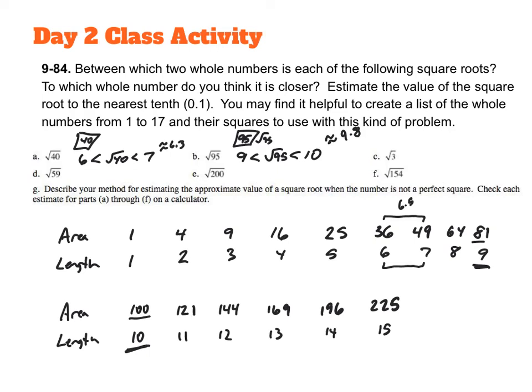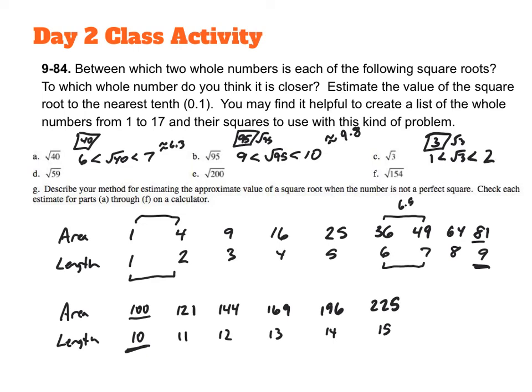Square root of 3. Again, that would come from an area of a square of 3, side length of square root of 3. So if I look at my areas, that's between 1 and 4. If I look at my side lengths, that's between 1 and 2. So I know square root of 3 is between lengths of 1 and 2.